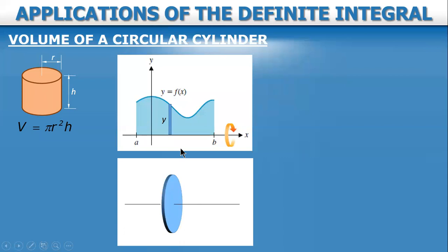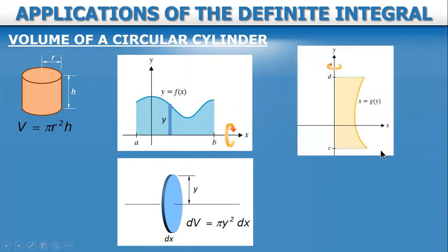After revolving this strip, you will get the circular disc, y being the radius, because this is the center of the circle. So y is the radius and the thickness is dx. Our differential volume is pi radius squared times thickness dx. After this, you integrate and you get the total volume.